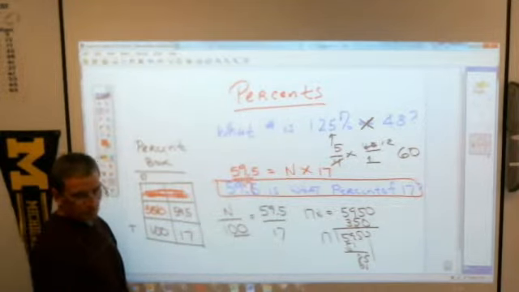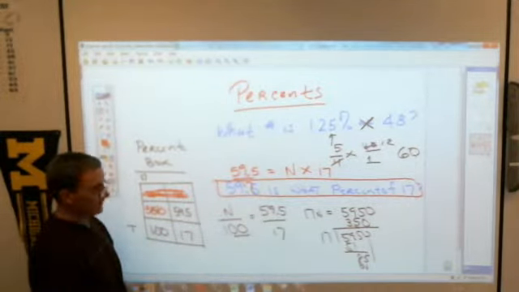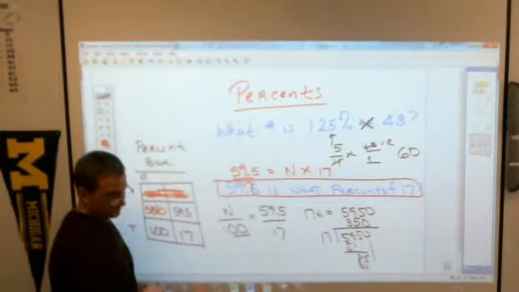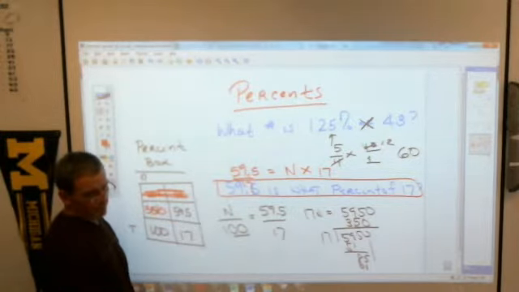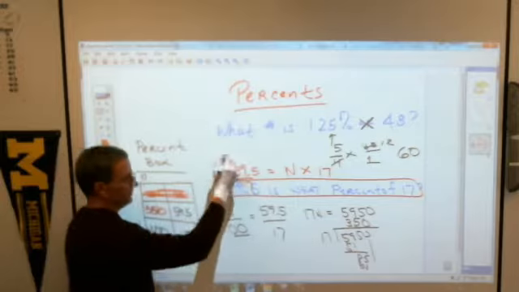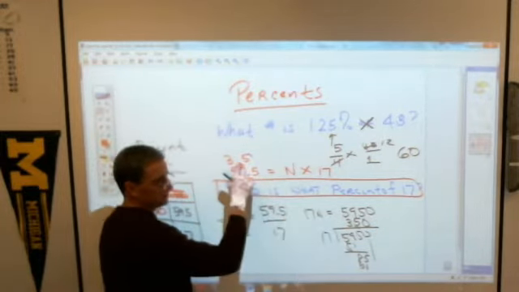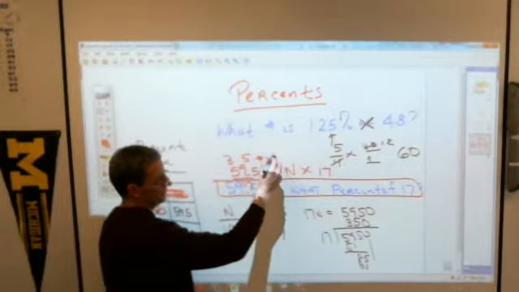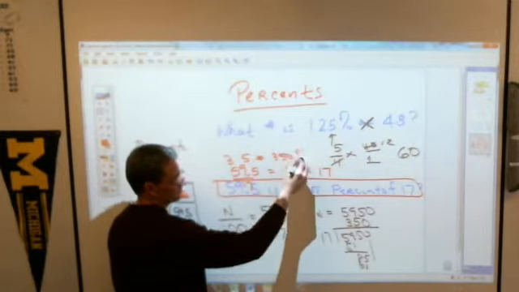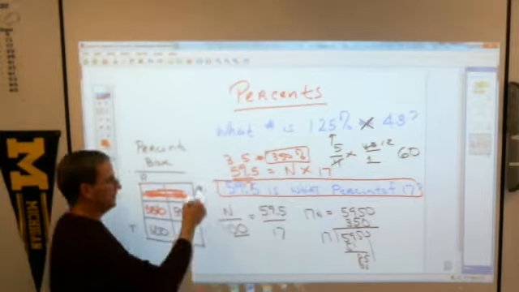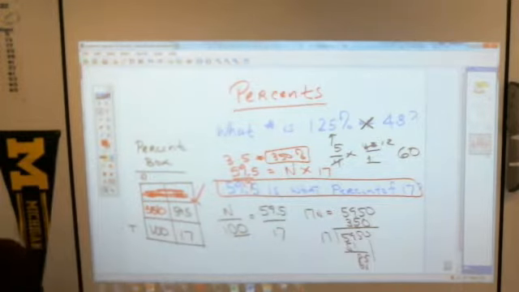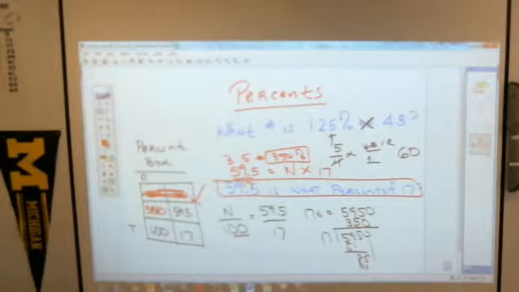You don't get 350. You get 3.5. But you have to remember, that is not a percent. You need to change it to a percent, and that's where the 350 comes in. That's why sometimes the percent box is easier, but I'll let you pick whatever you want to do.